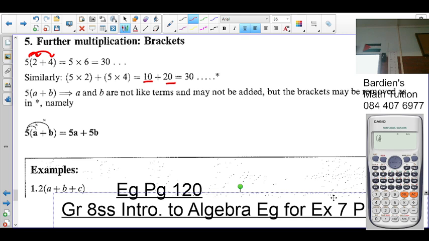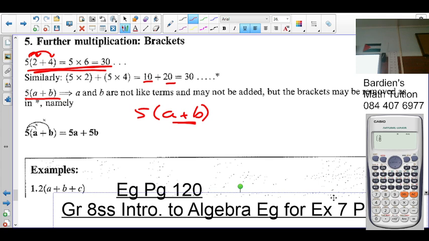Now, if you look at this sum, 5 into a plus b. Could I do this method here? Can I add first? Can I add a and b? Why not? Unlike terms. So I must apply the distributive property. Can you see that, people? Here it says a and b are not like terms, so they may not be added.